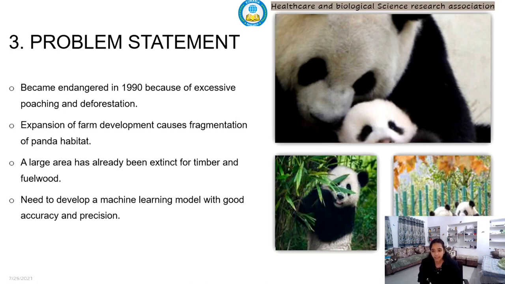And as the species has been reclassified to vulnerable since 2016, the conservation efforts are thought to be working. And the State Forestry Administration of China announced that they would not accordingly lower the conservation level for pandas and would instead reinforce the conservation efforts.